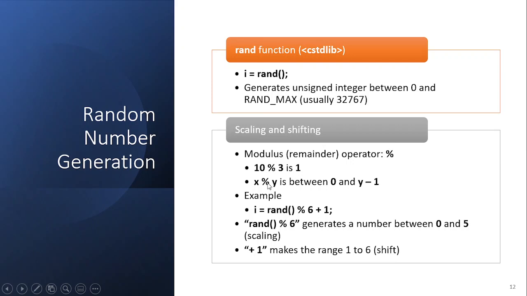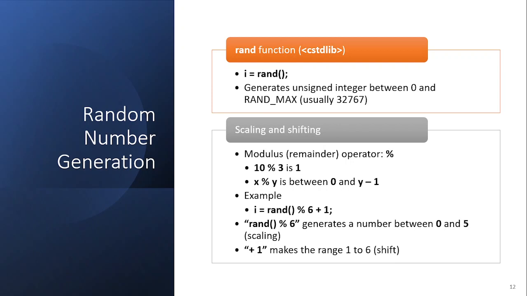Now, what is the range of these values? That is, if you divide x by y, what will be the minimum and maximum value of the remainder? If you divide any number, for example x, by 3, the remainder would be either 0, 1 or 2.